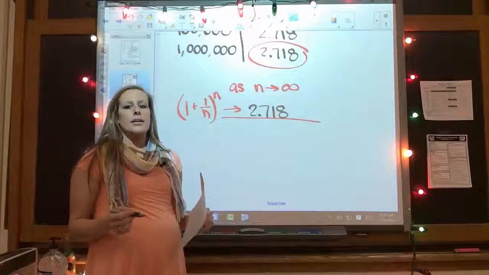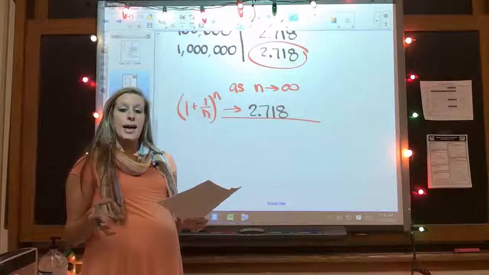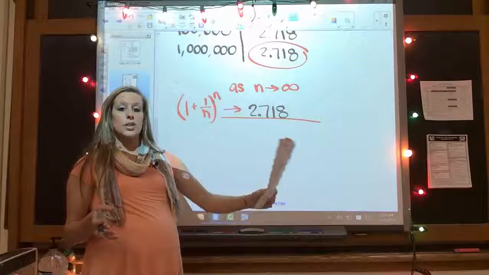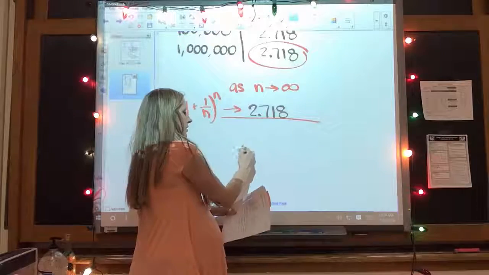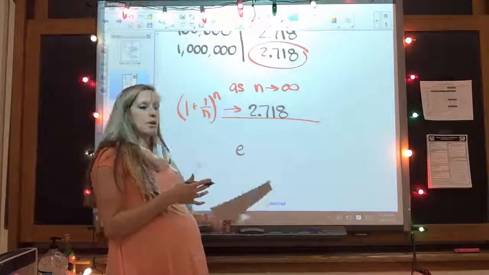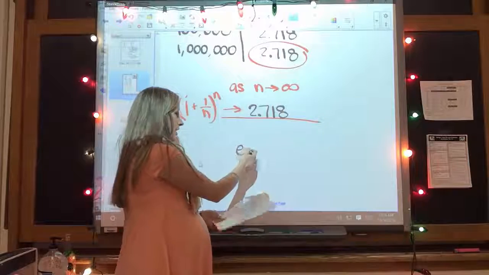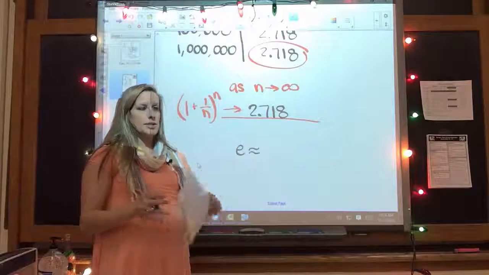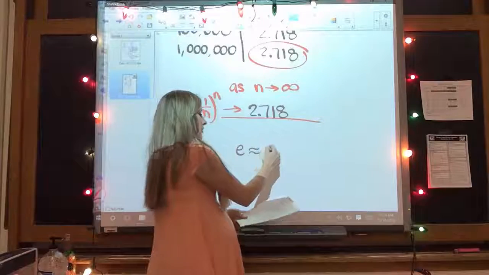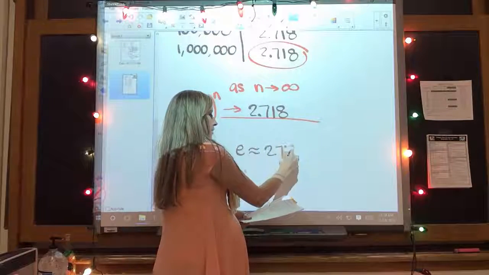It's almost like pi. How pi is a number. It's a really, really long decimal, but it represents a number. E is the same thing. E actually represents a number, this lowercase e. And if you round it, because it is a very long decimal, it equals 2.718.